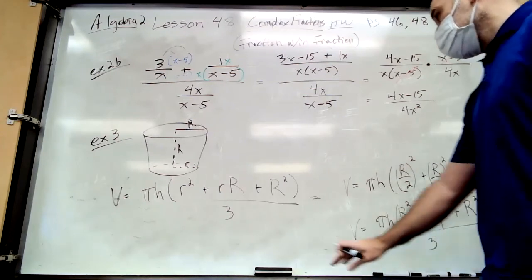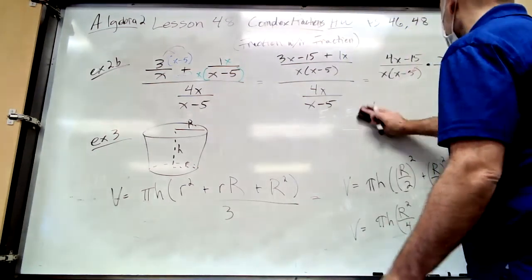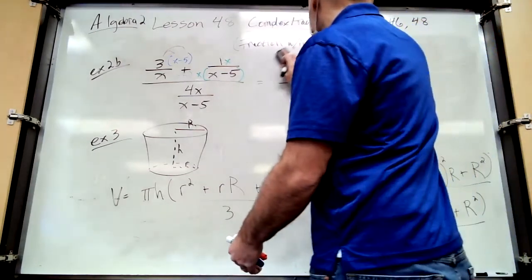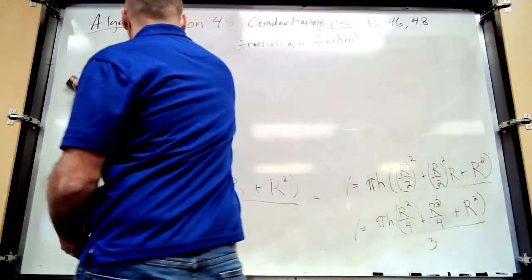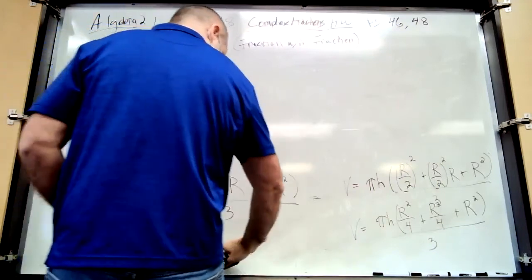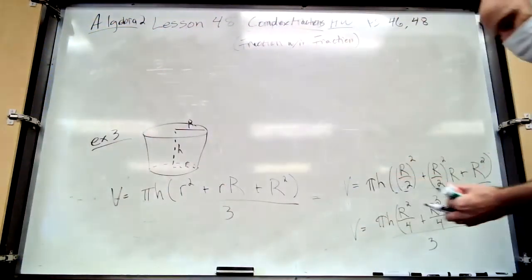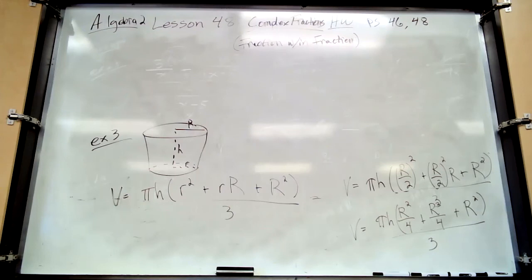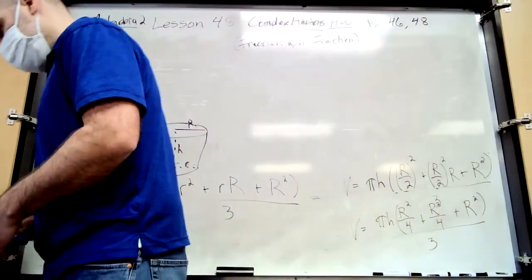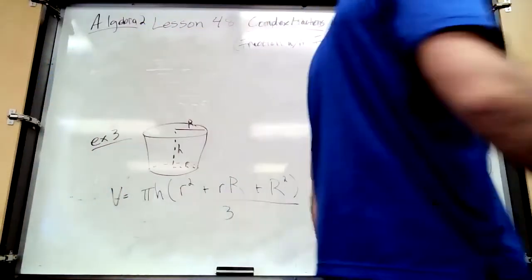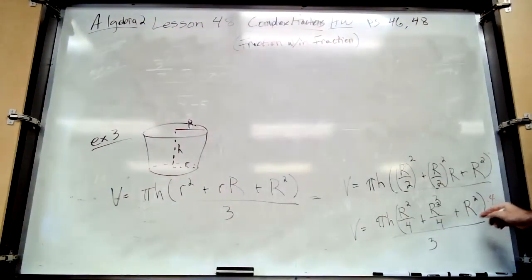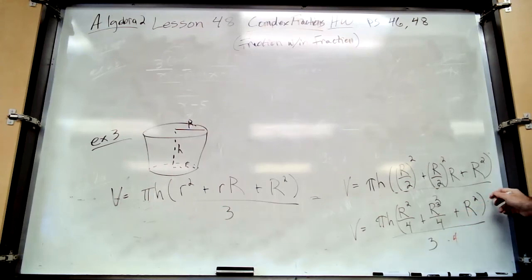I'm going to erase this and continue up here. So what I'm going to do now is multiply the top and bottom by 4, times 4, times 4, because then that will cancel these fractions. So that cancels with that.